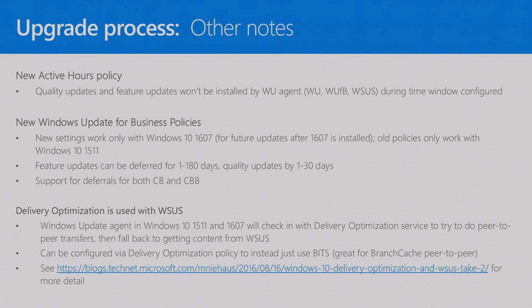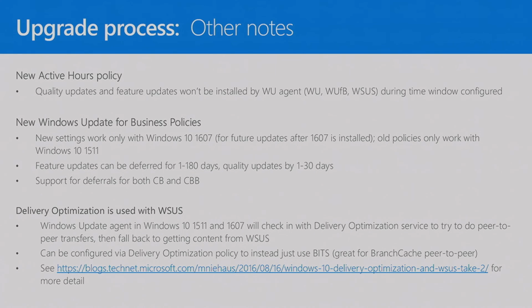We've also made some enhancements to the updating process. We've got a new active hours policy where you can control when updates should be installed. So rather than just reboot after 1 hour or 4 hours or something like that, we can specify that this PC is active from 8 a.m. to 8 p.m. So please don't install or initiate any reboots during that time period.